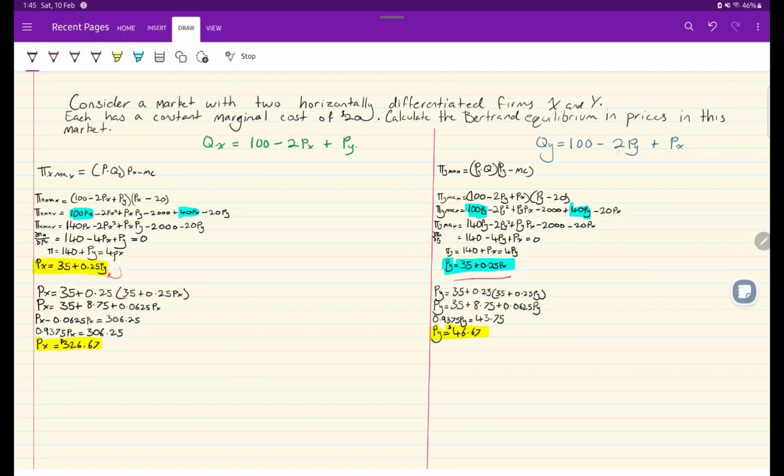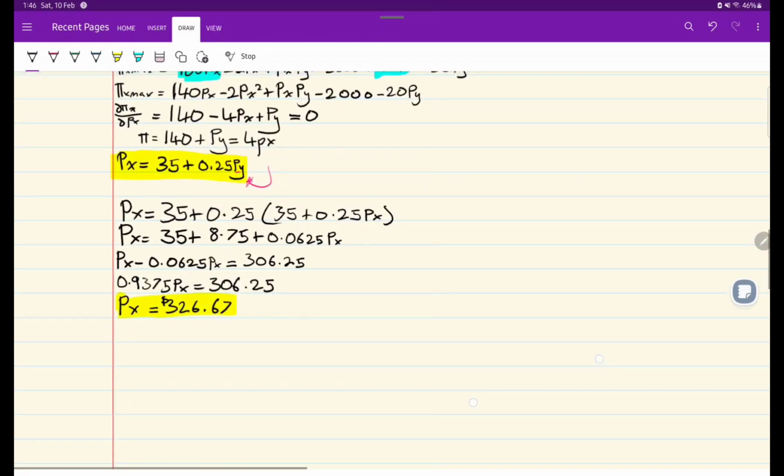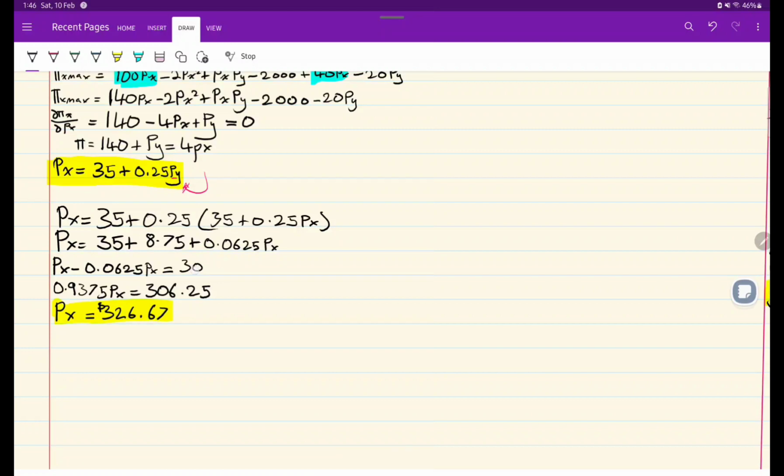Ah, okay. So you have 2Py. Oh no. Did I make a mistake there? I did make a mistake. Okay, so this is wrong. I hit the multiplication button and not the addition button when summing those.